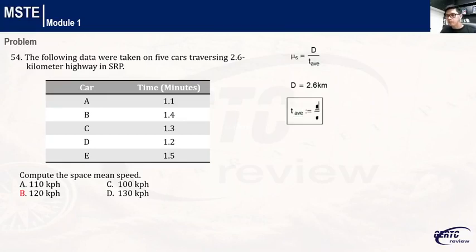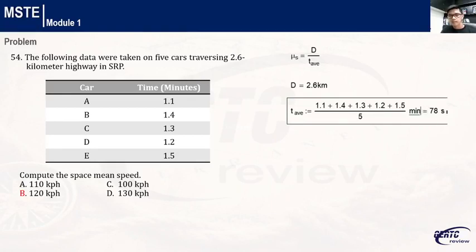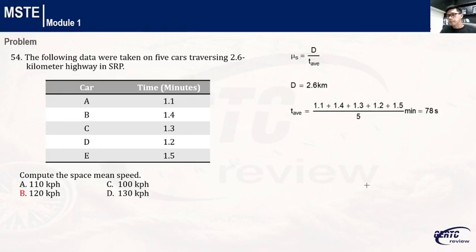Average time is equals to 1.1 plus 1.4 plus 1.3 plus 1.2 plus 1.5 divided by 5, no? Naka-minutes ito. In minutes ito. Okay?